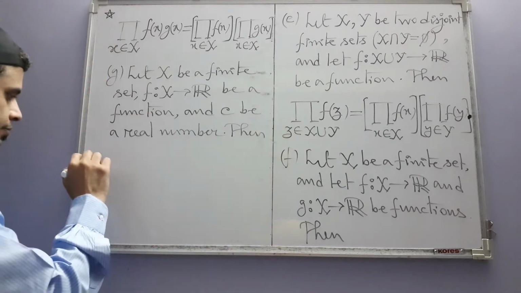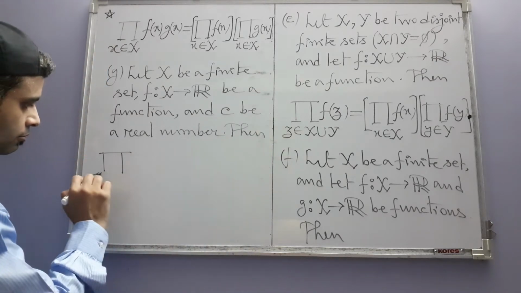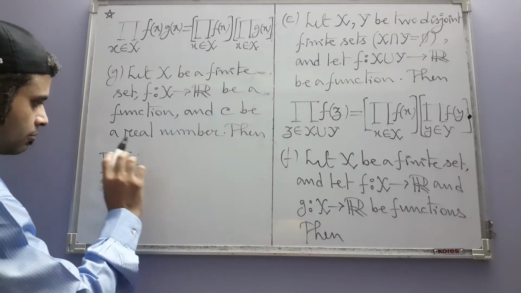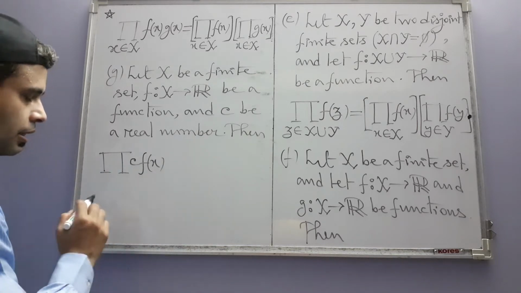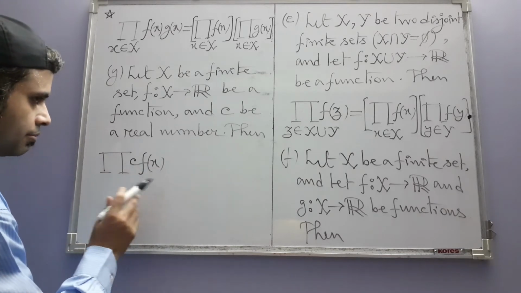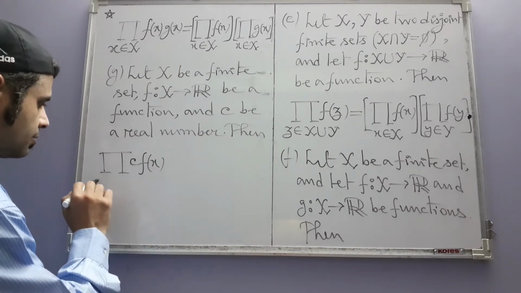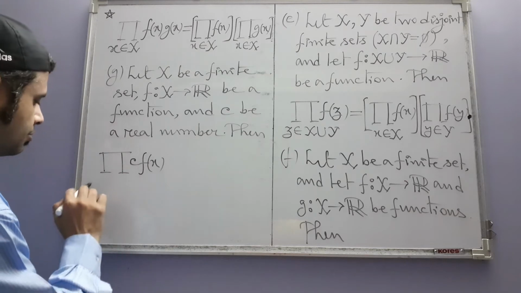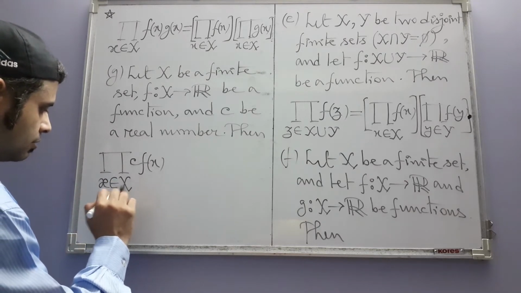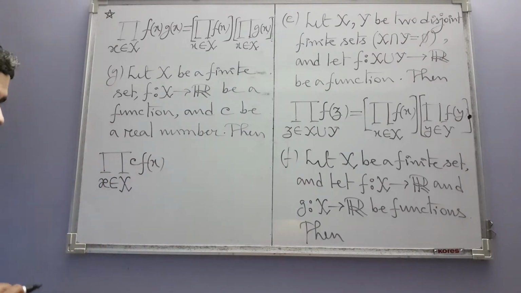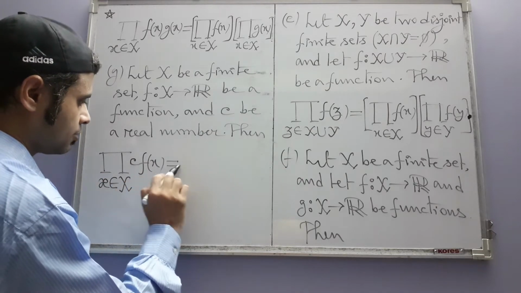Then this product where the things which we are taking product of look like this, c times f of x, where c of course is not changing but f of x is changing because x is changing, is equal to this.